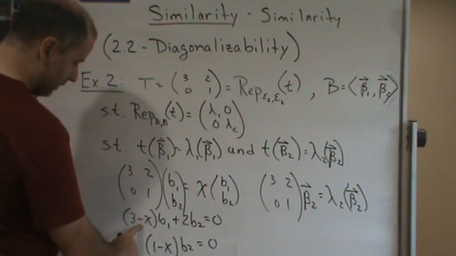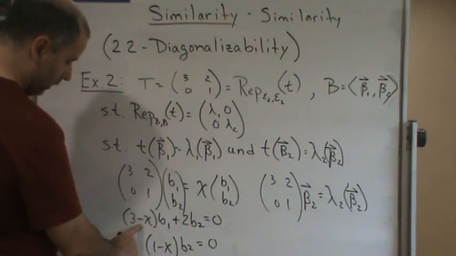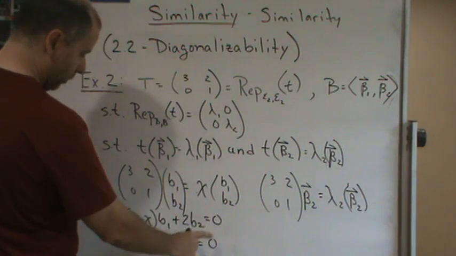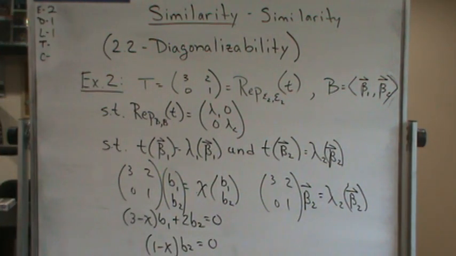We get 0 times b1 plus 2b2 is equal to 0. And so associated with lambda 1 equal to 3 are vectors having a second component of 0 while the first component is free.